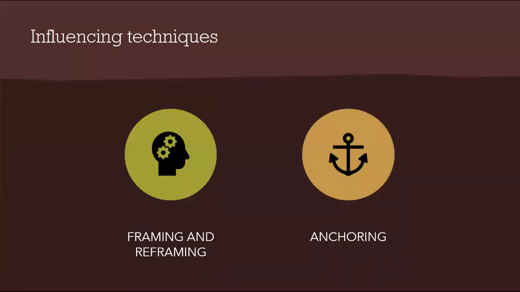So in the book, they don't introduce anything about framing, reframing, anchoring, pacing, and leading. But in the exam, they may ask you a simple question on influencing technique, and you know what to choose.